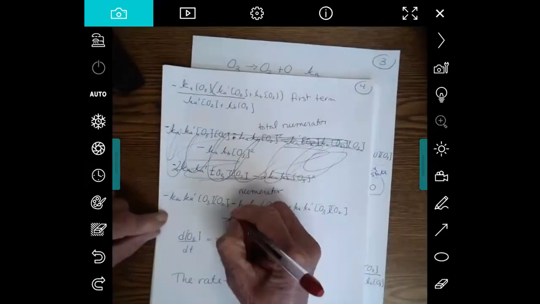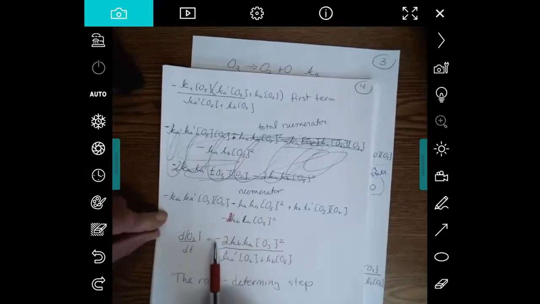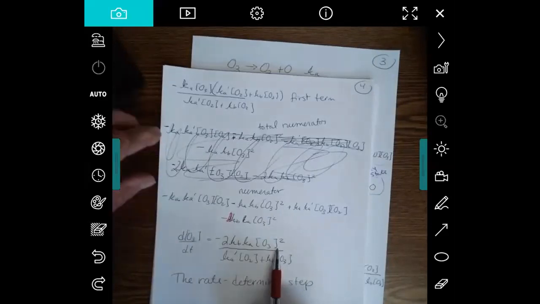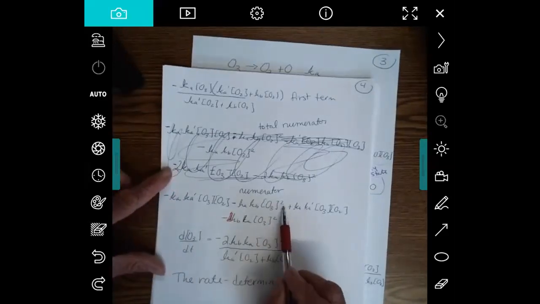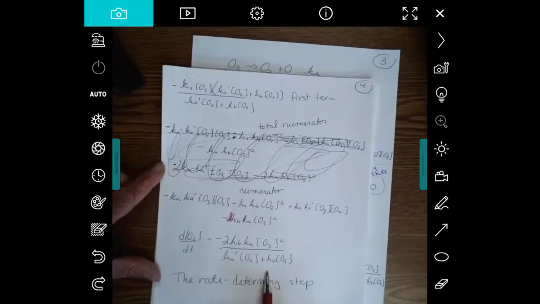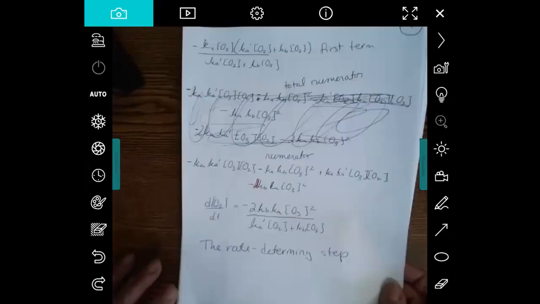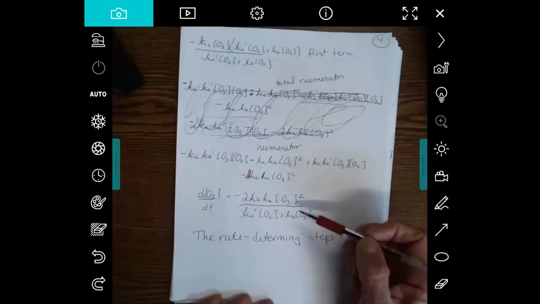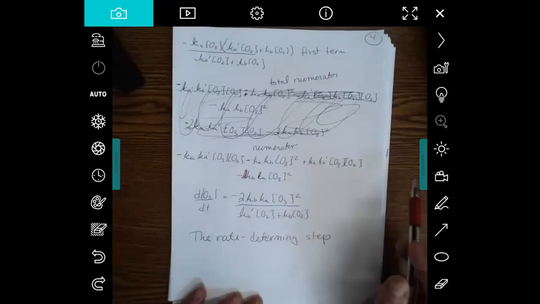So at this point, this is a 1. So I end up with this term twice, and it has all the same things in it. So it's going to be -2 times this term. And then they're each to the ozone squared. And then I put back in the denominator, and I see that that is my rate law. So it's a rate law which has a complex order. It doesn't have a definite order with respect to anything.